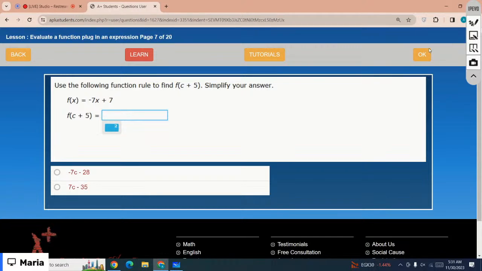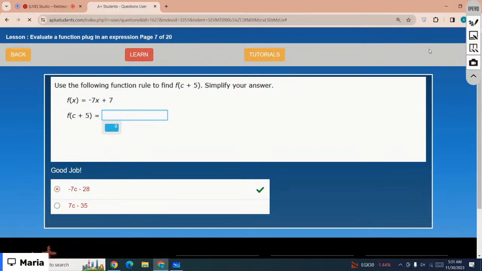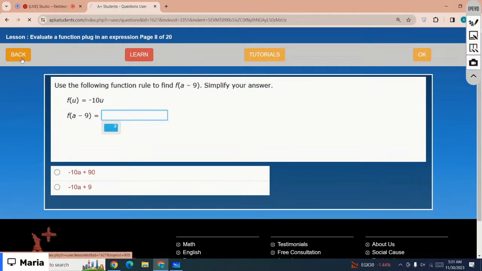The correct option is option number 1, that is negative 7c minus 28. Option number 1 is the correct option, right? Okay, you can complete the lesson by yourself later today. Let me just move on to the next lesson.